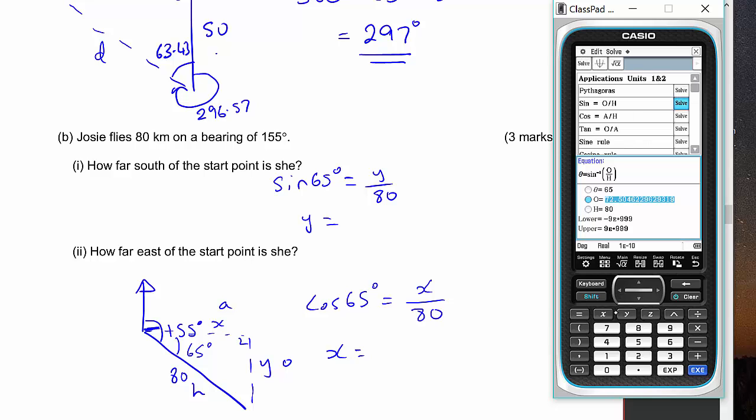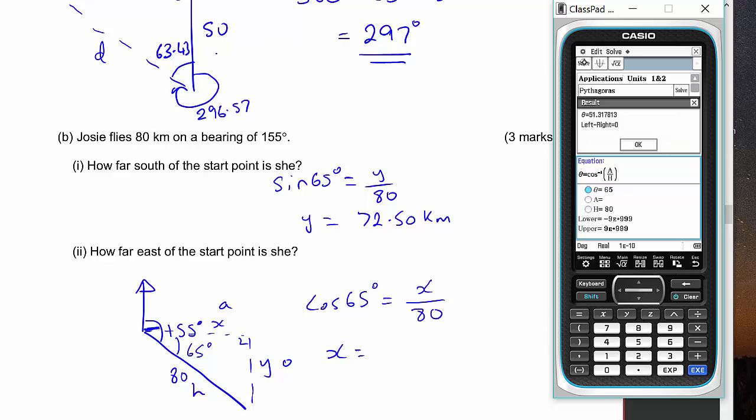And that is 72.50 kilometers, and then we'll go to the cosine, and we've got the 65 angle in there already. The adjacent was what we were trying to find. The hypotenuse is 80, that's there already, and that gives me 51.32 kilometers.